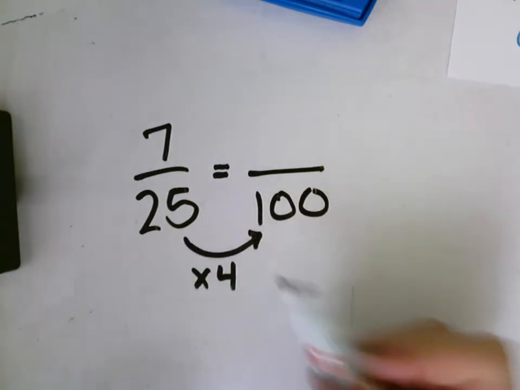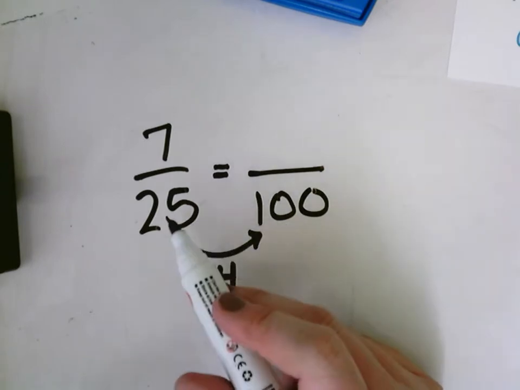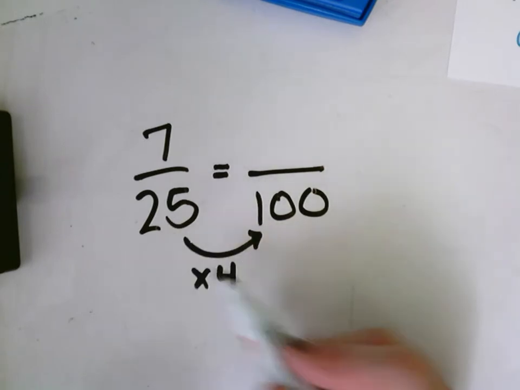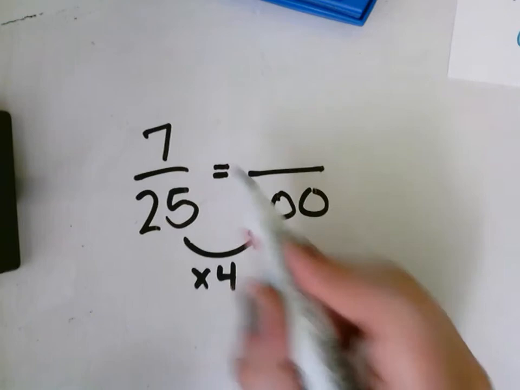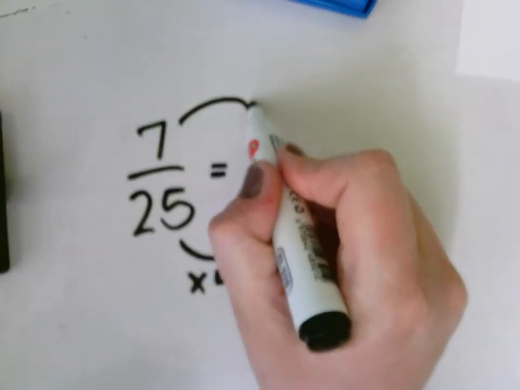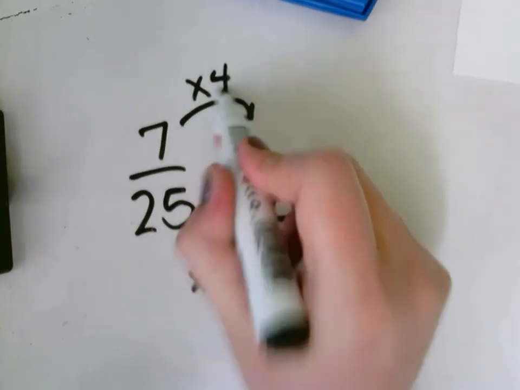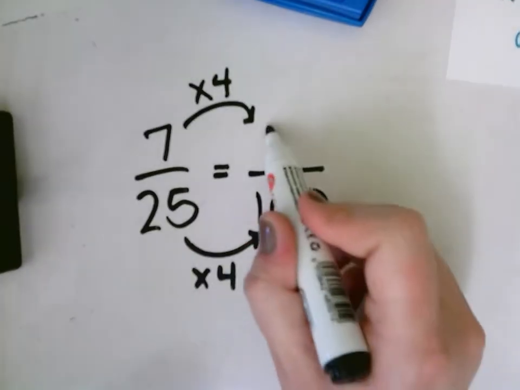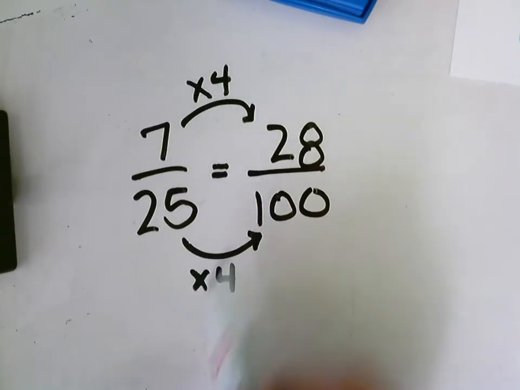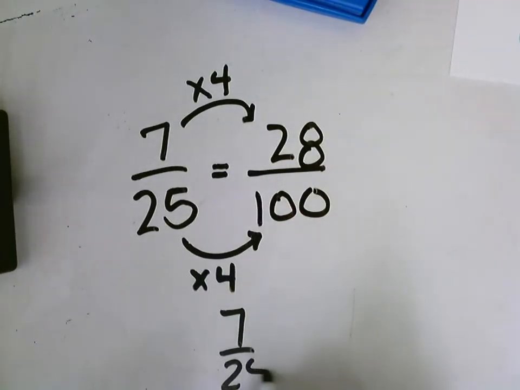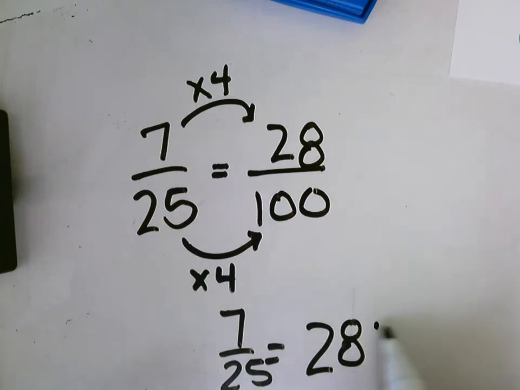Think about coins. 100 is like a dollar. 25 is like a quarter. I need 4 quarters to make a dollar. 25 times 4, so I'm going to do the same on the top. 7 times 4. 7 times 4 is 28. So 7/25ths is equal to 28%.